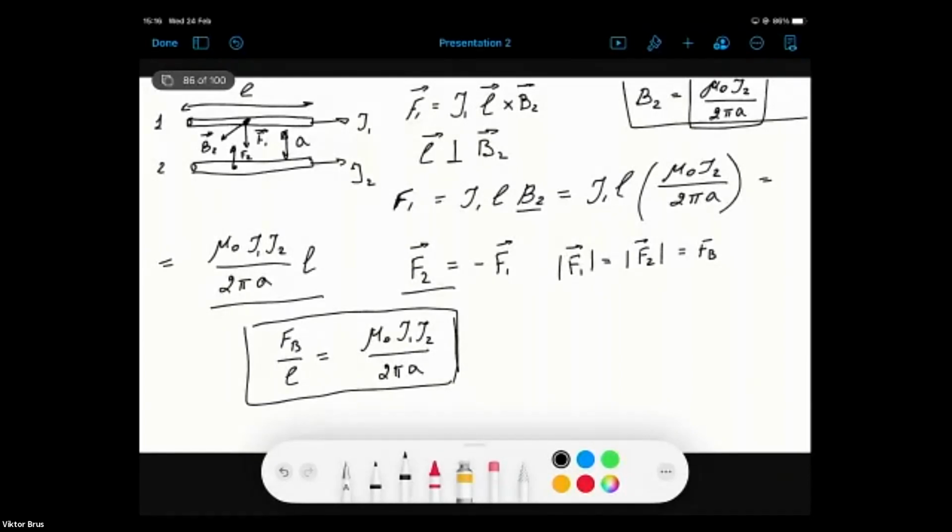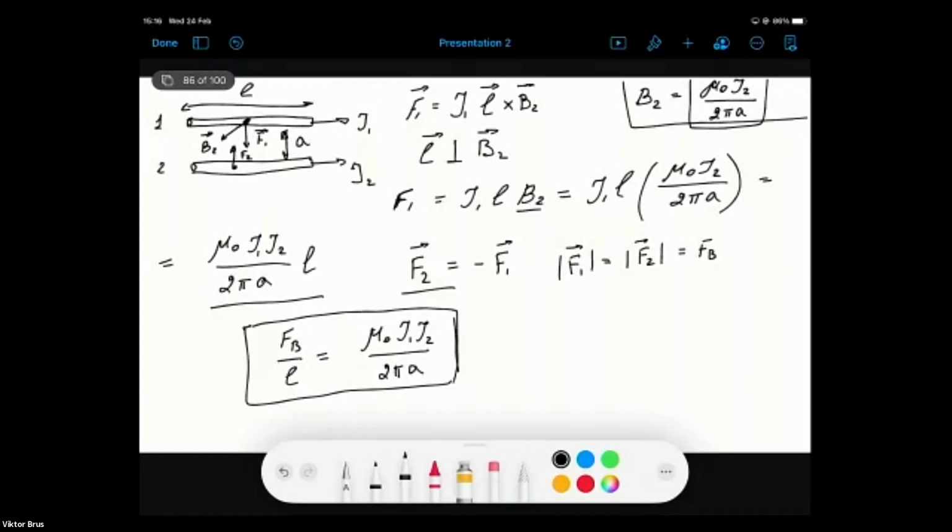So in this case, actually in absolute value, it's just a final equation, but what we need to highlight is that if electric currents are flowing in the same direction as shown on this image, we see that these wires are attracted to each other.